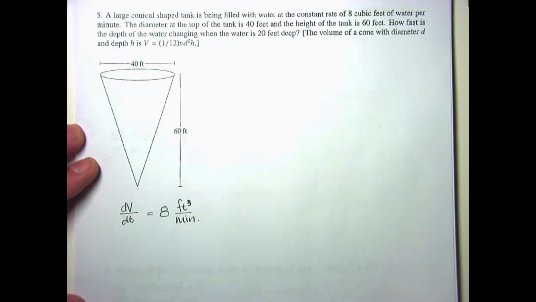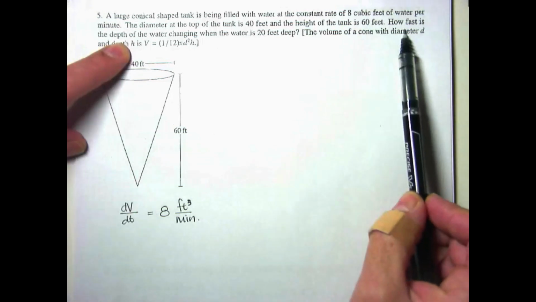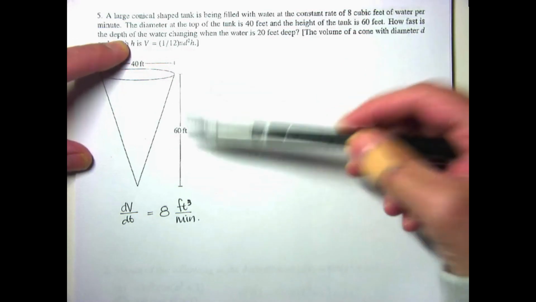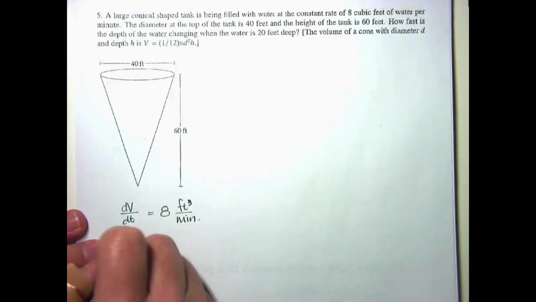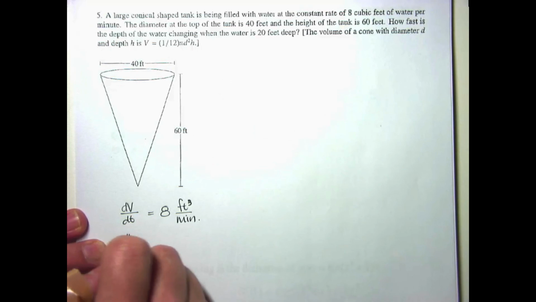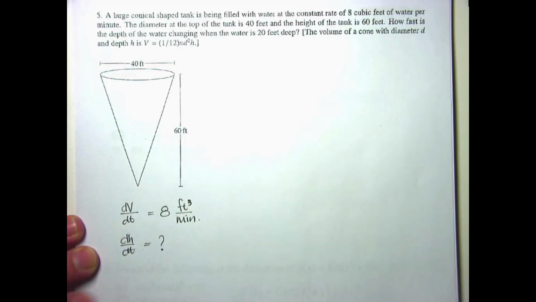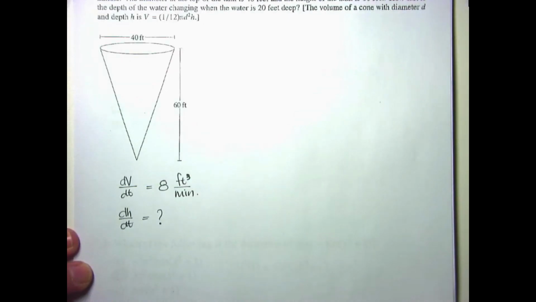All right, so they provide me with the diameter at the top and they provide me with the height. How fast is the depth of the water changing? This is the question. What am I solving for? When we talk about the depth of the water, we're talking about that height, h, right? So dh/dt, the rate at which the height of the water is changing, is what I'm solving for. All right, that's what I'm going to try and find.